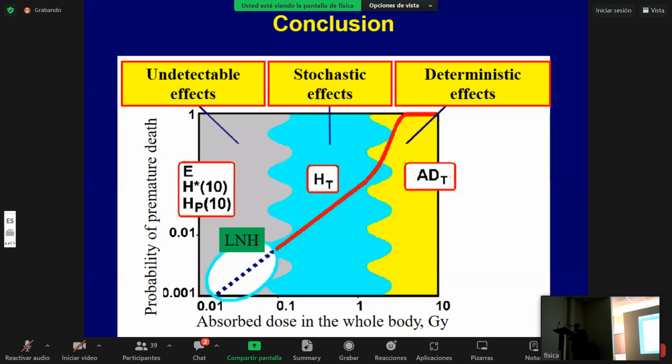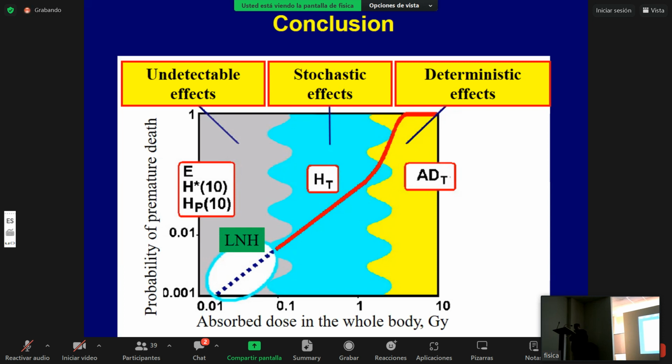And with irradiation with a dose of more than 4 grays, deterministic radiation effects. When irradiating the whole body with a dose of 1 to 4 grays, premature death can be associated with the development of both deterministic and stochastic effects of radiation.